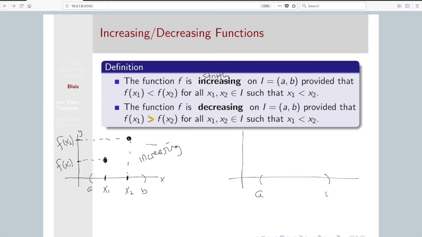if we're on the interval AB, here's your smaller of the two, x1. Here's your bigger of the two, x2. If you feed x1 to f, you get something larger than what you get if you feed x2 to f. So up here, we have f of x1. Actually, we want something bigger.